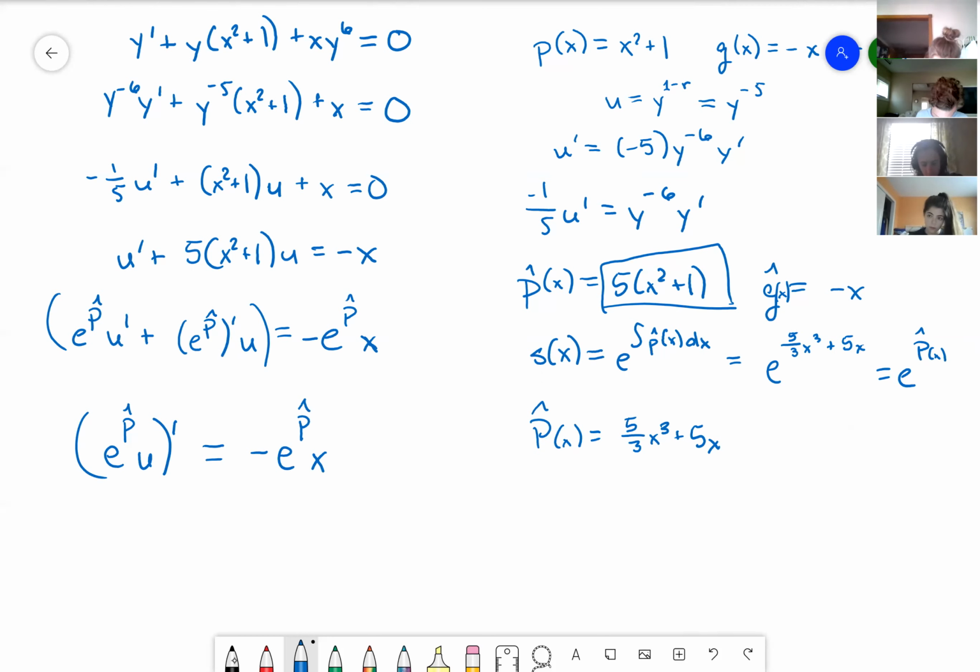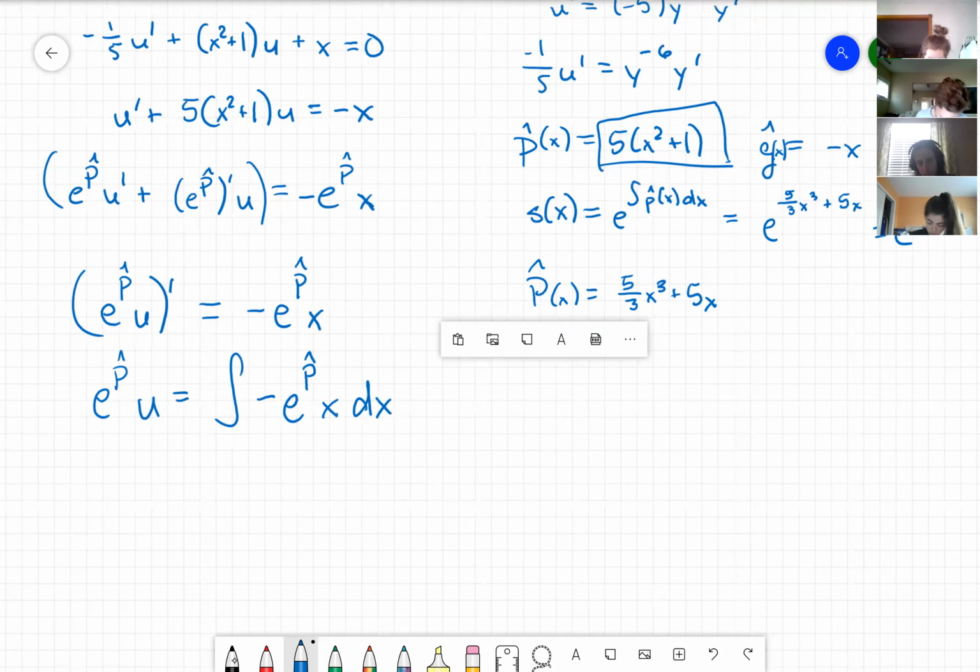And are we in trouble here? Hopefully not. So what we're going to get is e to the capital P u is equal to the integral of minus e to the capital P times x dx.